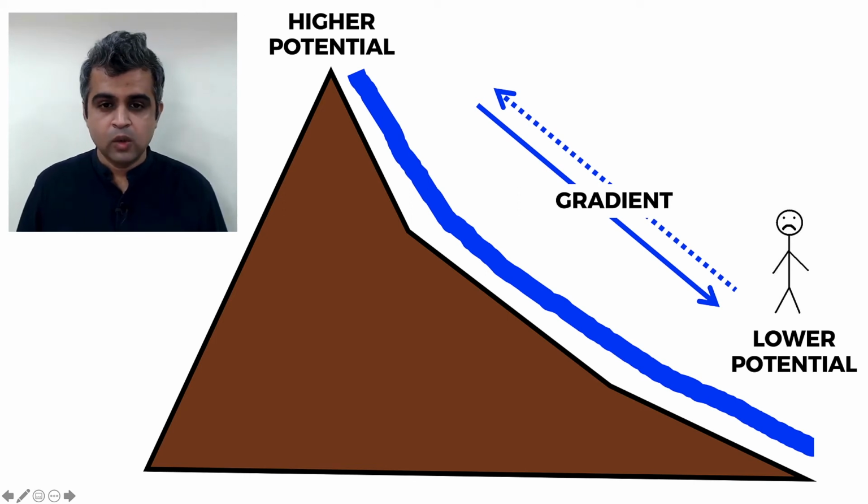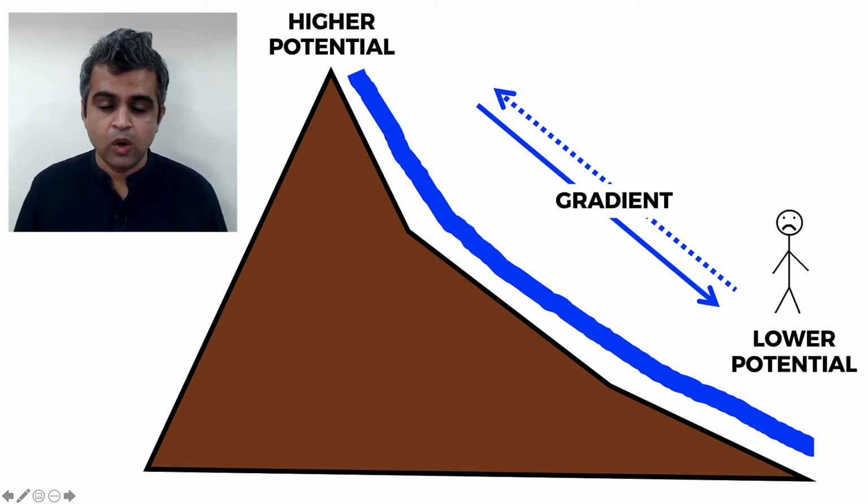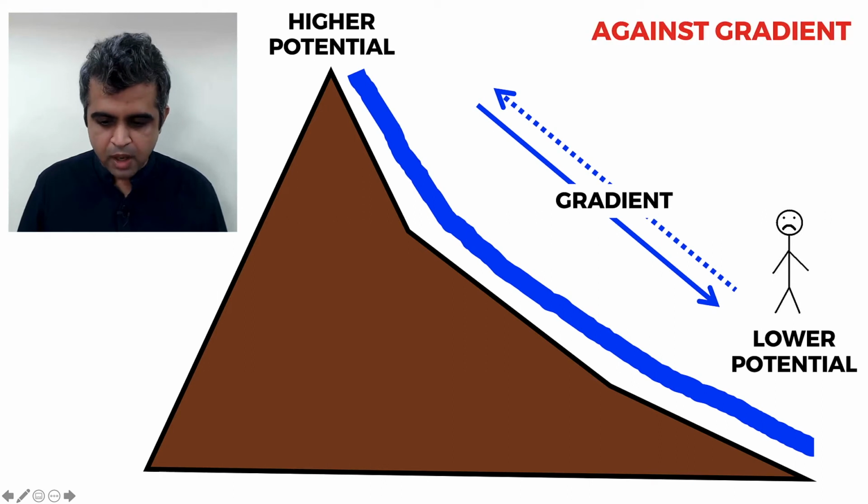So if the river is coming from the top of the mountain to the bottom, that is the process of things moving from higher to lower. That direction is going to be called the gradient, and in this case you are not going to swim along the gradient, but you are going to swim against the gradient.